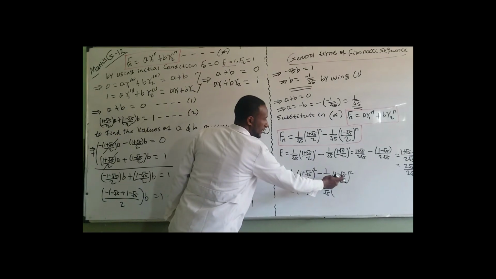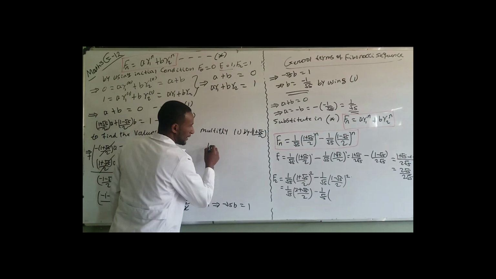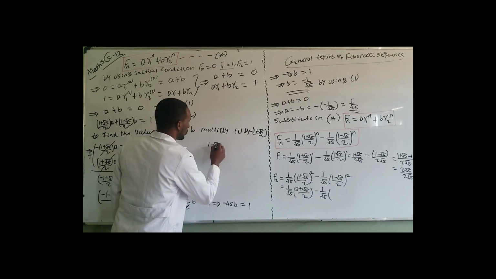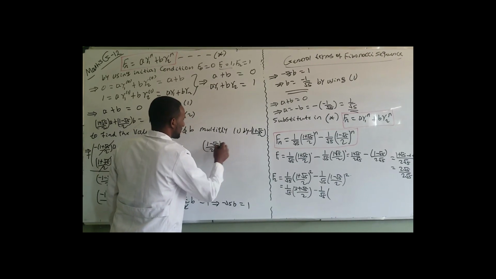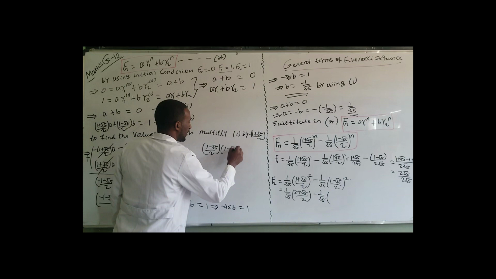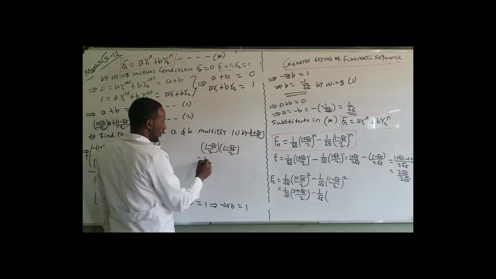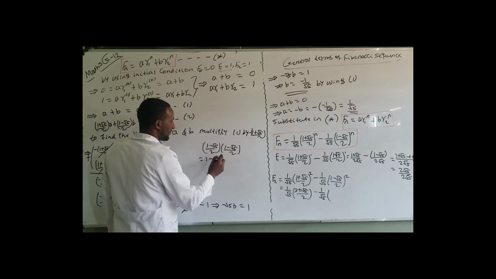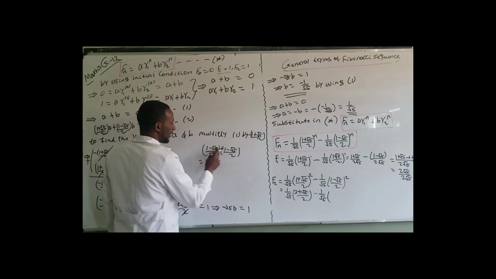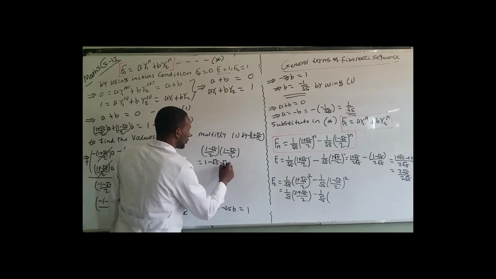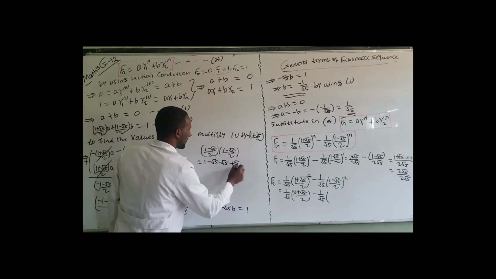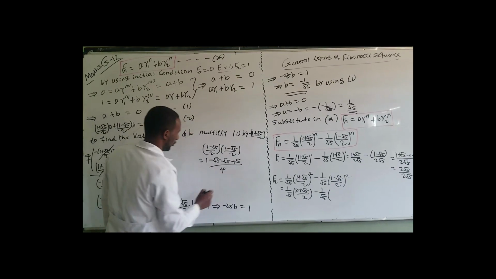Okay, when we square this, 1 minus root of 5 over 2 times 1 minus root of 5 over 2, which is equal to 1 times 1 minus root of 5, minus root of 5 times 1 minus root of 5, plus 5 over 4.